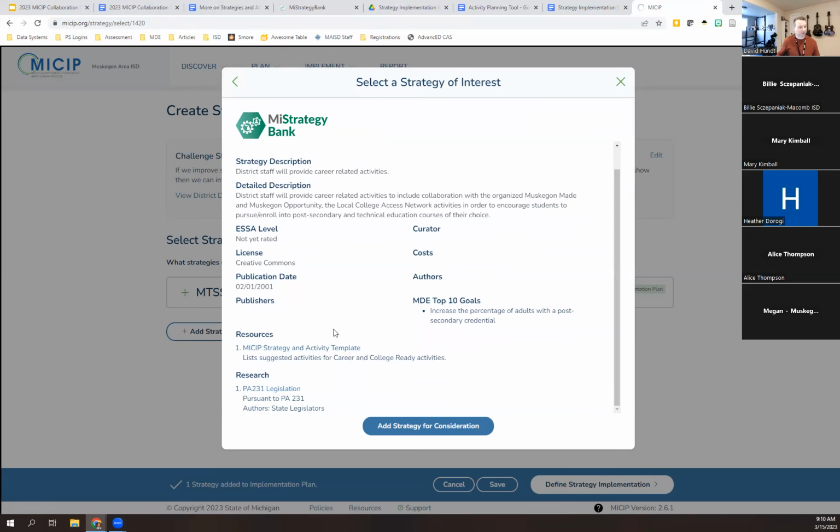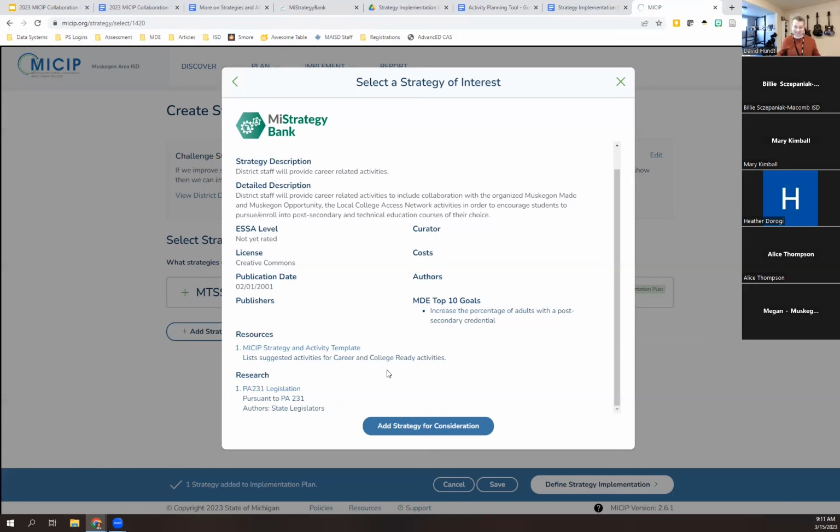So people can click on that. And then we also linked out to the actual legislation that said that that's a required piece to have in your continuous improvement plans. So that's kind of how it works. And only districts in our ISD, if they search for careers, are going to be able to find this.